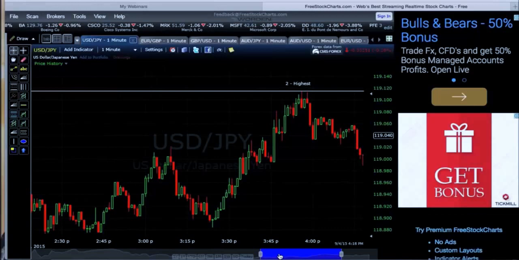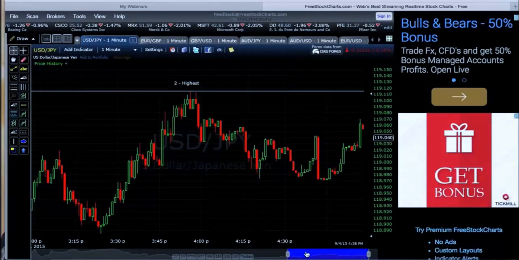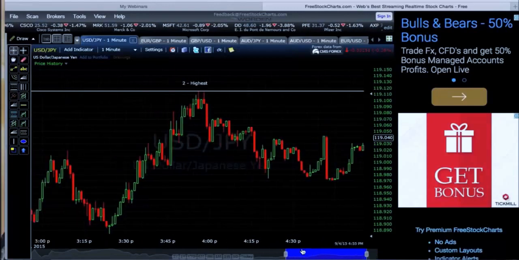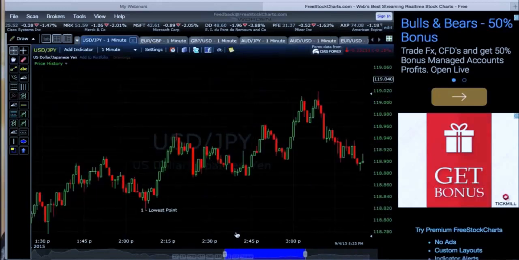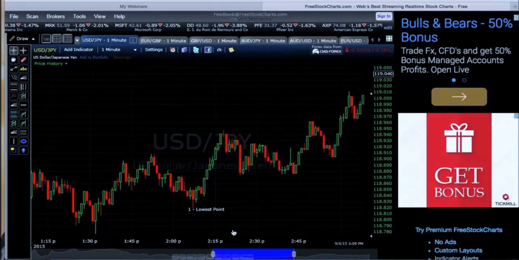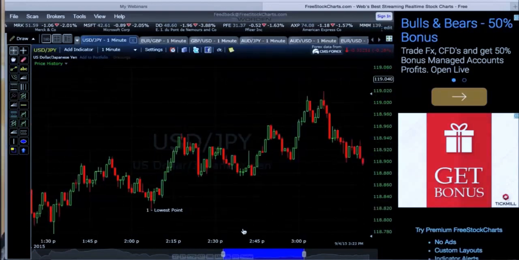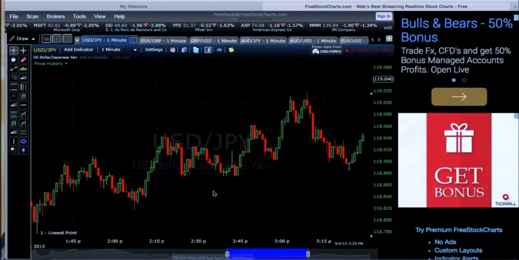Right now it's not happening, and this is the end of the day. So it didn't happen, but let's see if we could have traded from here. Maybe we could have taken from this lowest point over a 1.5 hour period of trend.